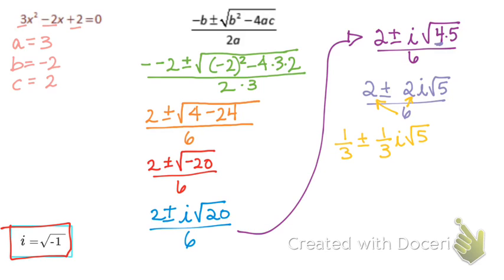You could write it like that, or you could just put the 3 in the denominator and have 1 plus or minus the square root of 5. Or you can write it as 1 plus or minus i square root of 5 over 3.